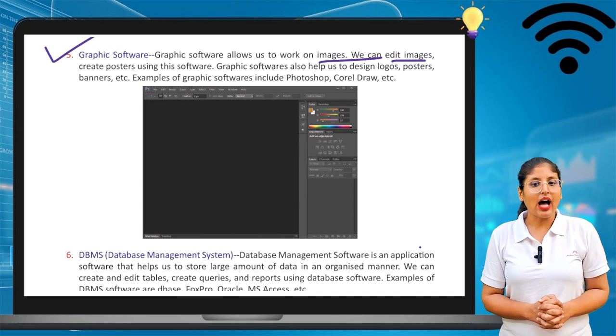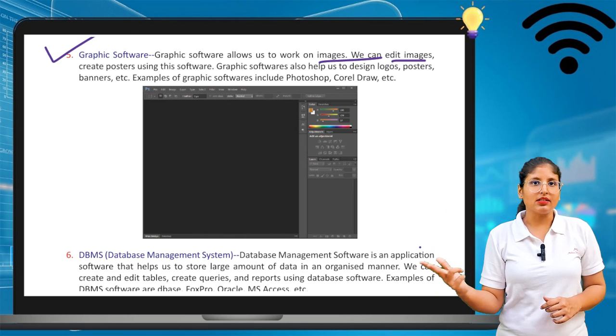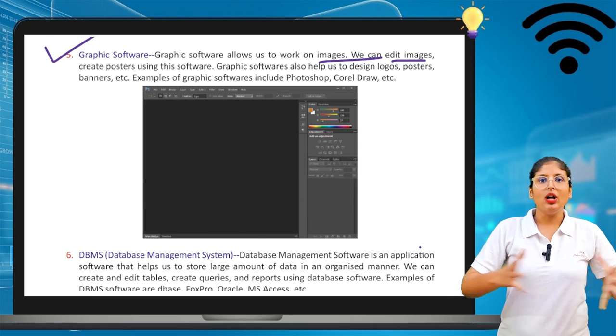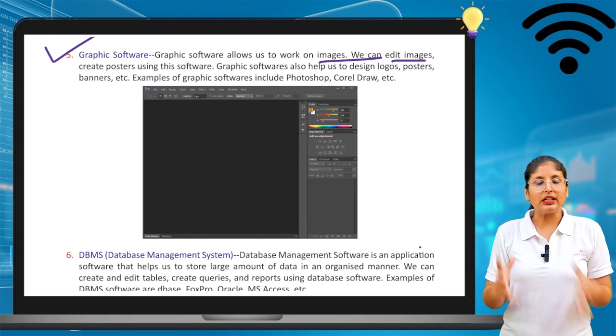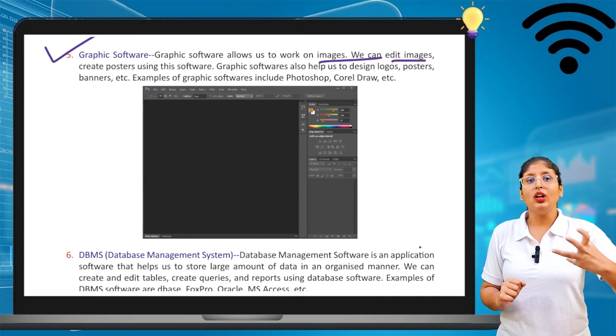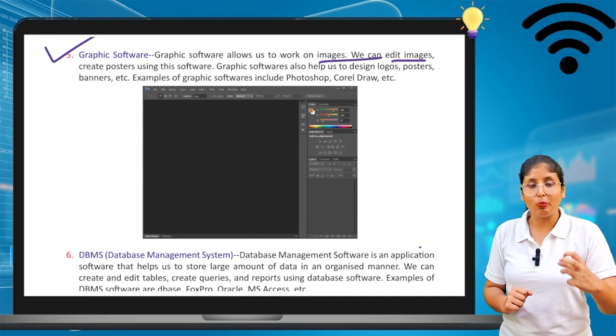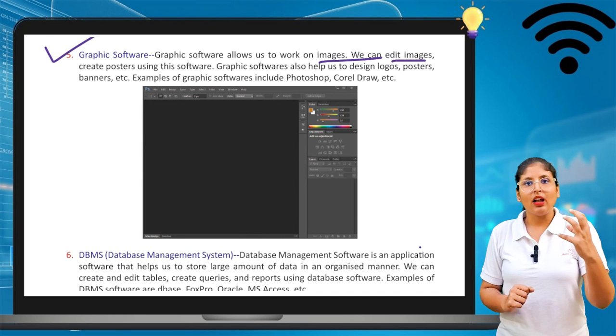Graphic software helps us design logos, posters, and banners. We can perform different tasks, give graphic effects, make logos, make a brand name, make a brand sign.